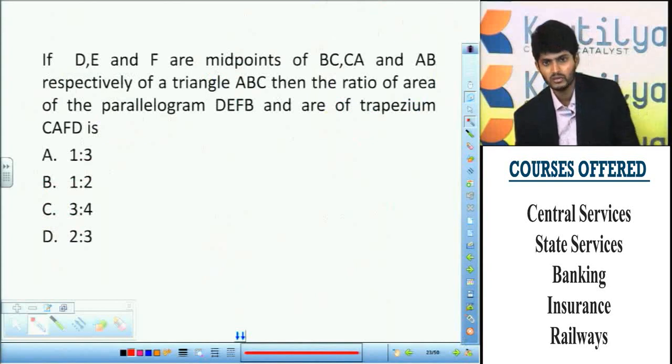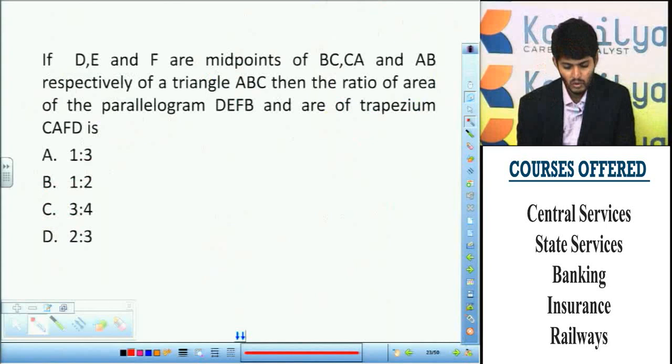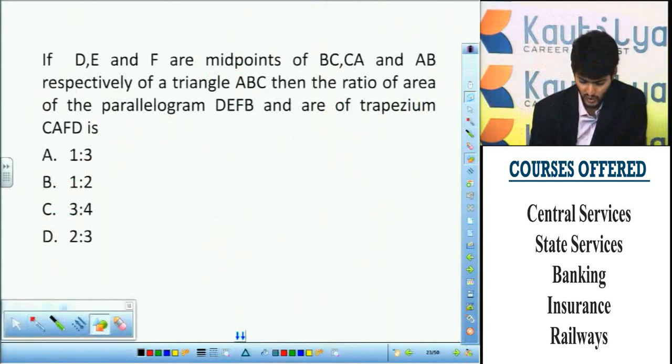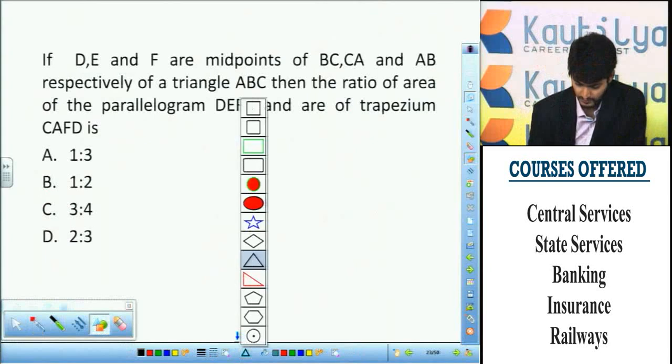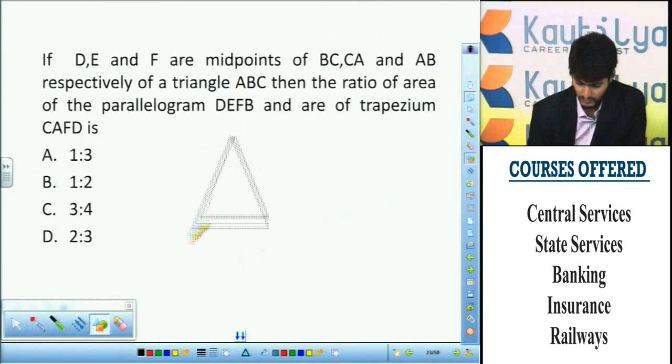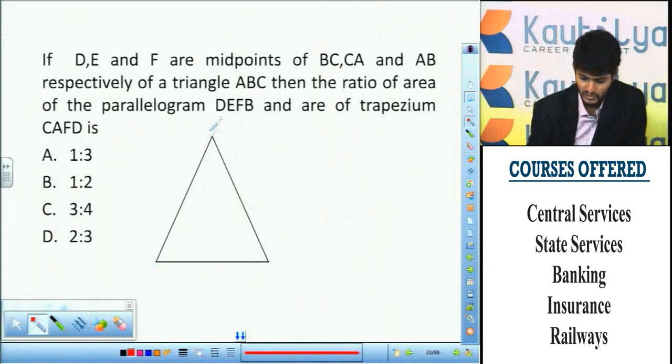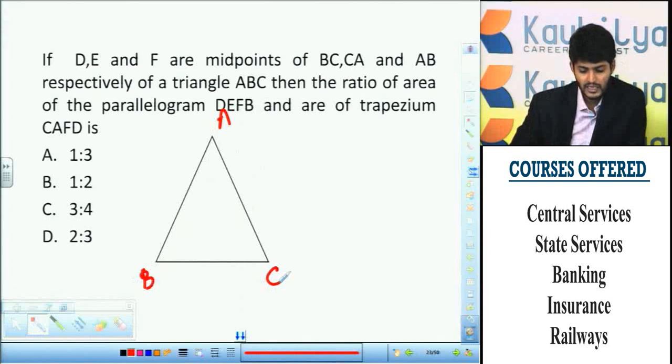Now you can see this is a very good question. Here he is speaking about a triangle ABC. Let us say I am drawing a triangle for your reference. This is the triangle that we have drawn, and he is saying ABC is your given triangle. D, E and F are the midpoints of, let us say this value is D, and E is the midpoint of CA.